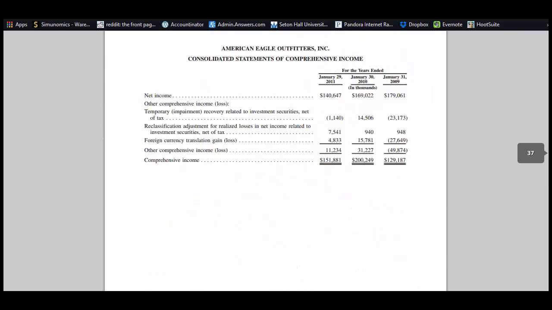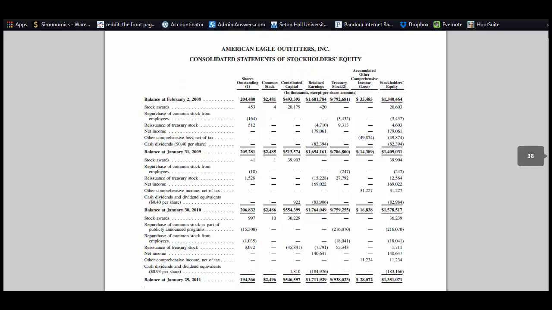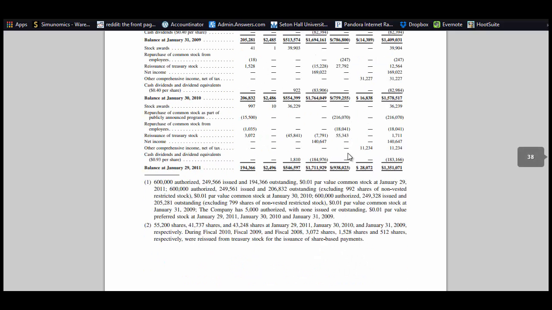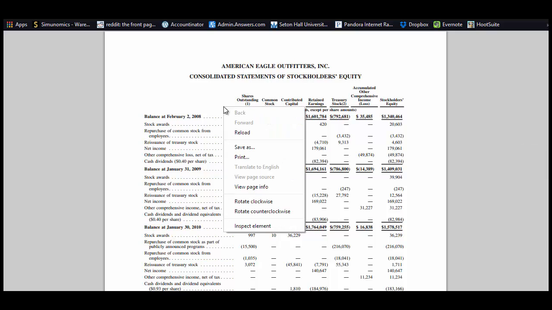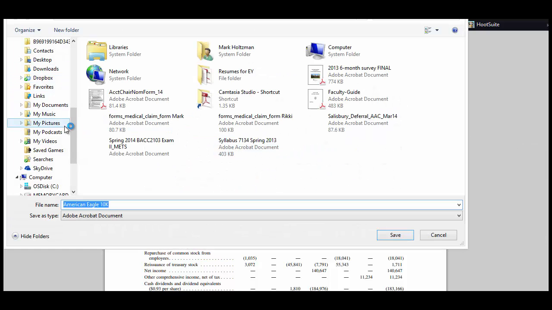There we go. Okay. So here you can see this is a statement of stockholders' equity for American Eagle. It's kind of small. I guess I can make it larger.